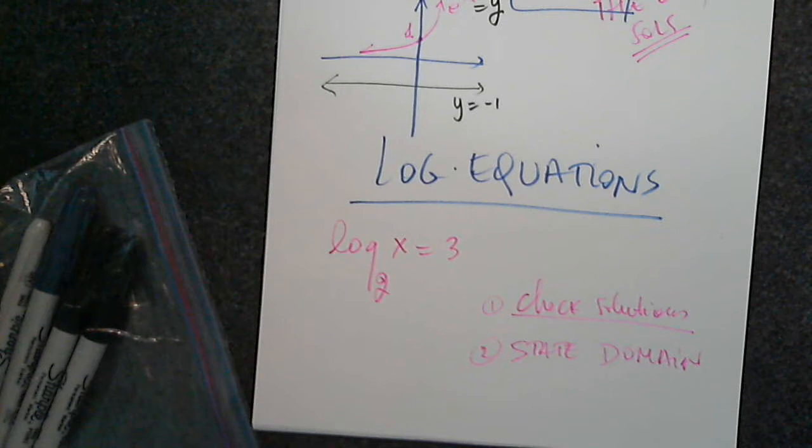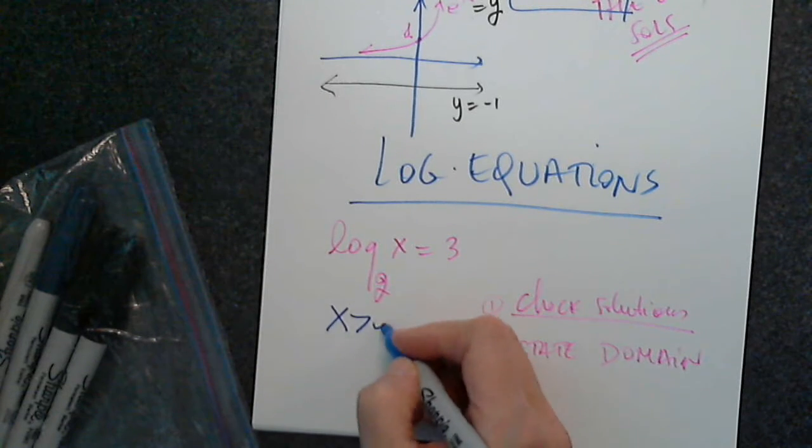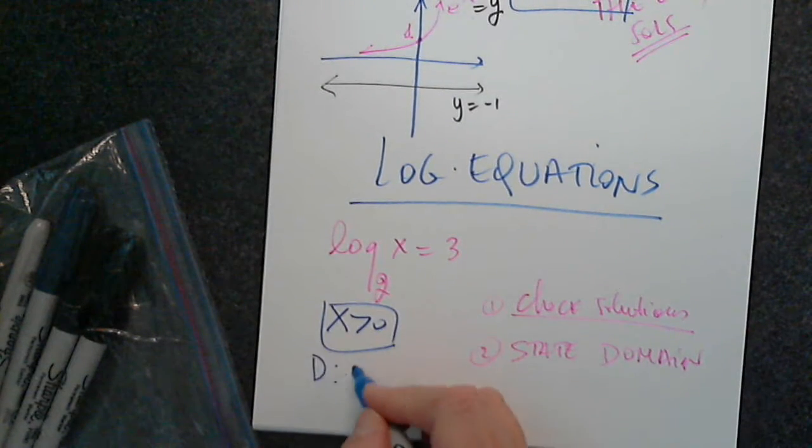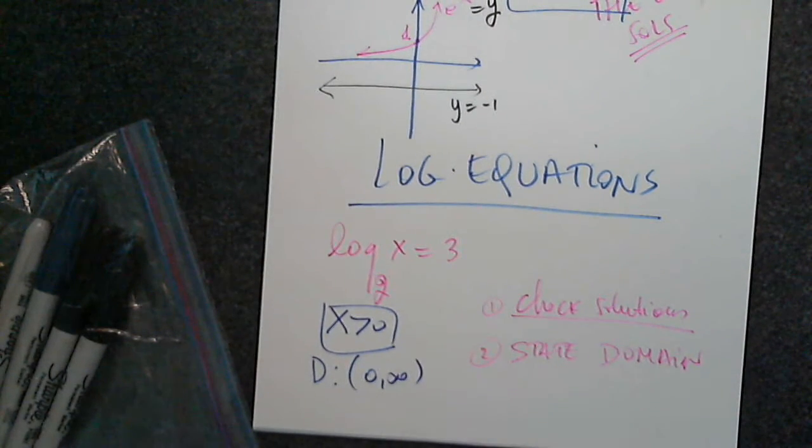Yes, of course. X must be greater than 0. This is indeed the domain, 0 to infinity. In other words, if I don't find a solution greater than 0, it cannot be accepted.